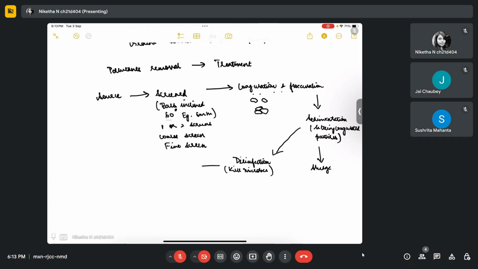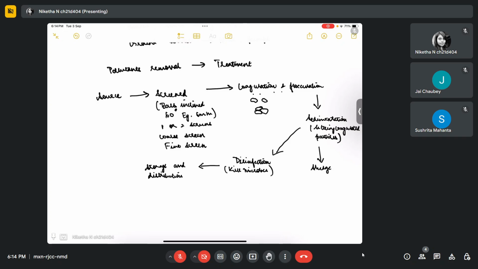The next process is storage and distribution. The treated water will be stored in a separate tank, and then based on the usage, the distribution will happen. In peak hours, the water demand will be high, so there will be more release, and in non-peak hours, the water demand will be less, and therefore the release of water will be less.